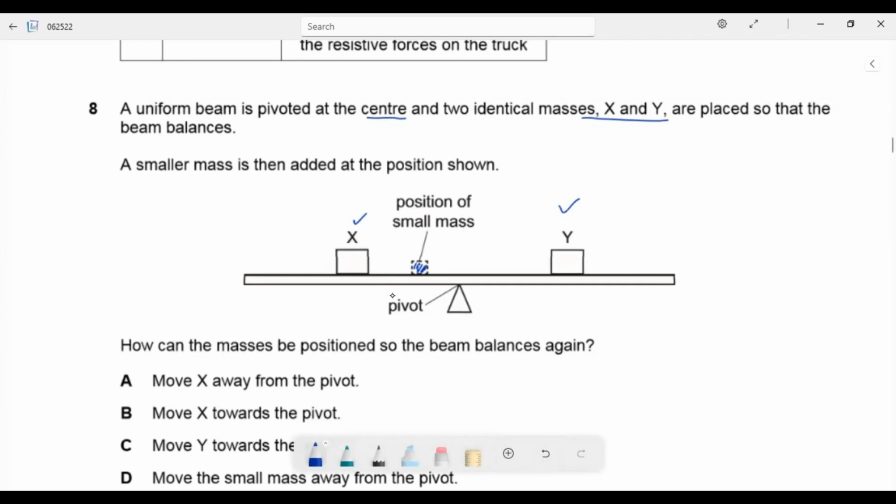So when the beam is in equilibrium, the sum of clockwise moments will be equal to the sum of anti-clockwise moments.